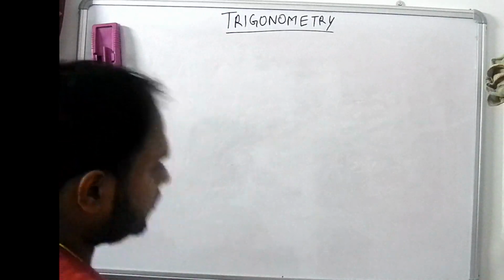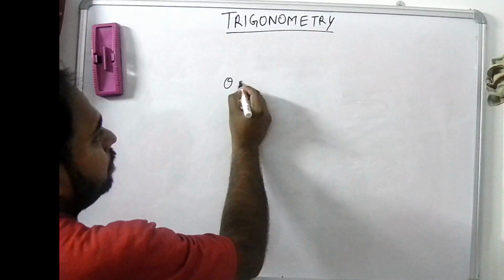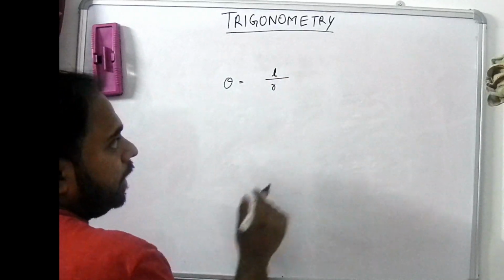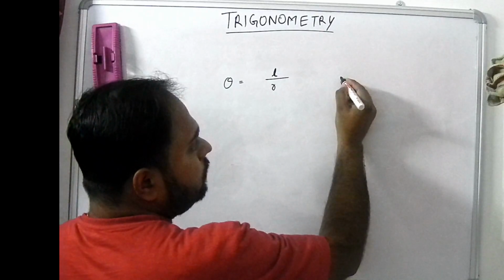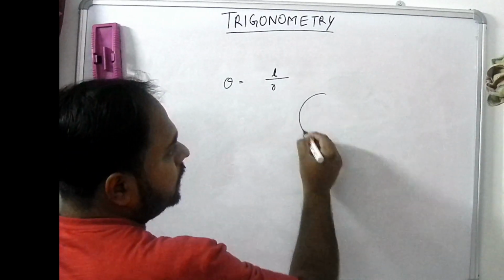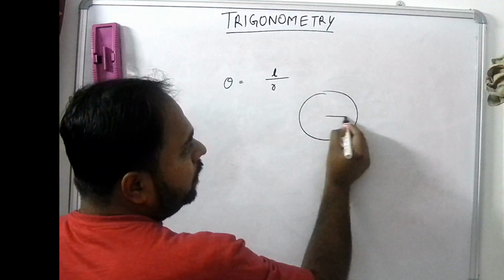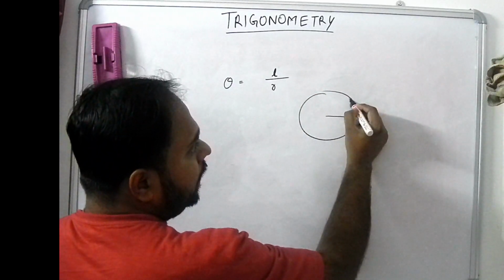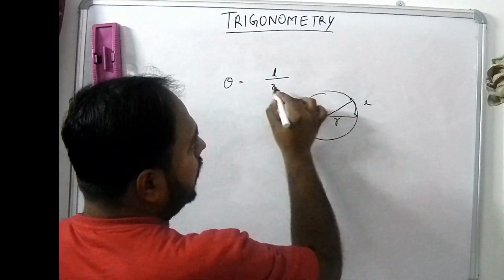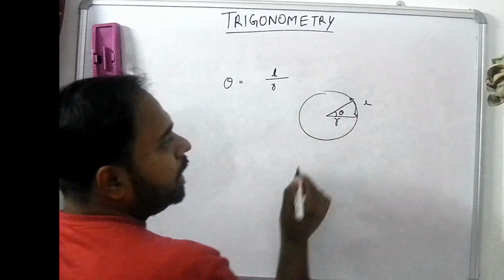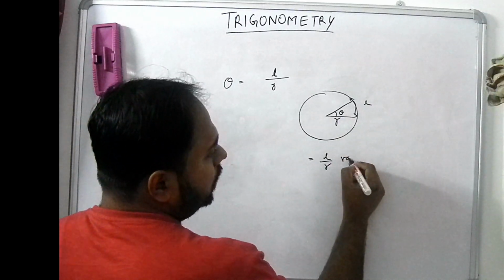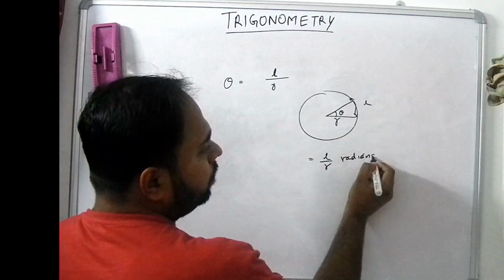So theta, the angle subtended at the center, is nothing but L upon R. When I cover L units of the circumference and the radius is R, the angle subtended at the center is equal to L upon R radians. This is all in radians, right?